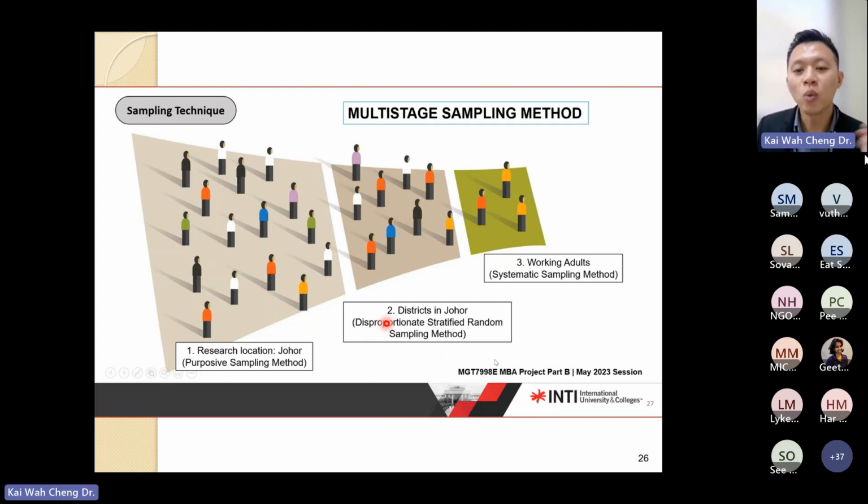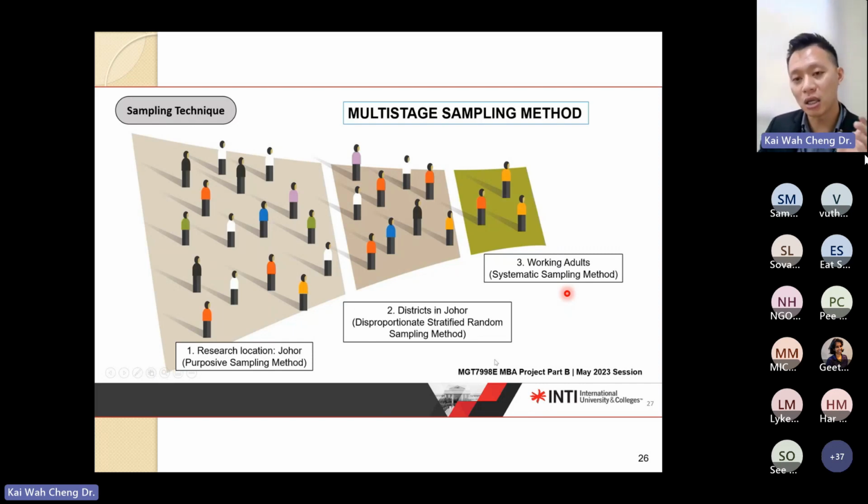Once this researcher has already identified the quota for every district in the state, then she will start distributing the questionnaire to working adults, because working adults are the target population in the research, by using systematic sampling method. Systematic sampling method means you select a random starting point, and then you calculate, for example, you will distribute one questionnaire to every 5 persons you meet at the location.